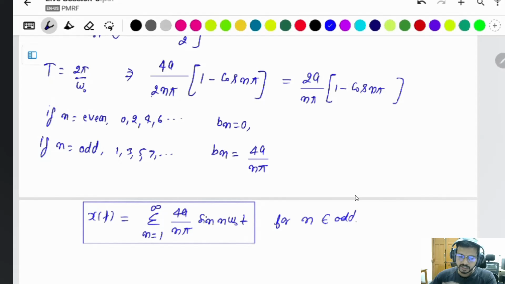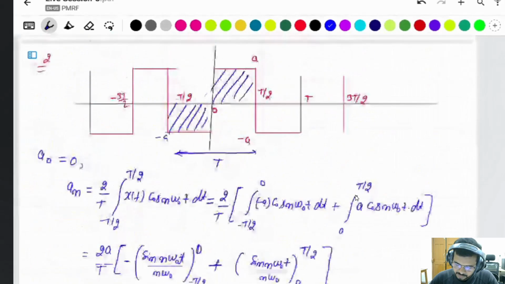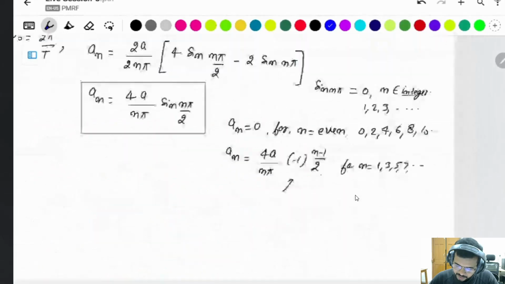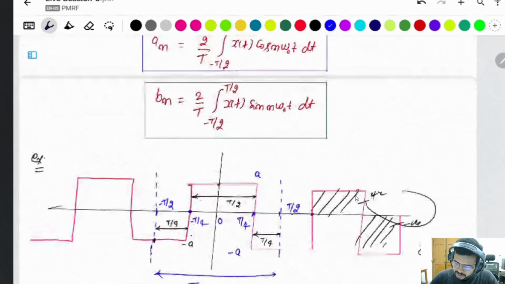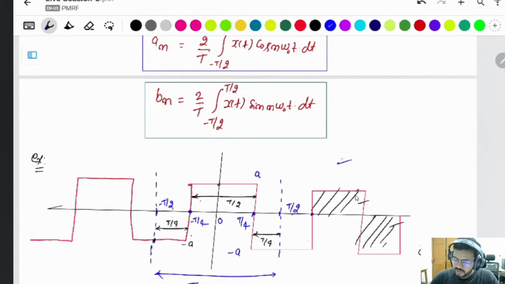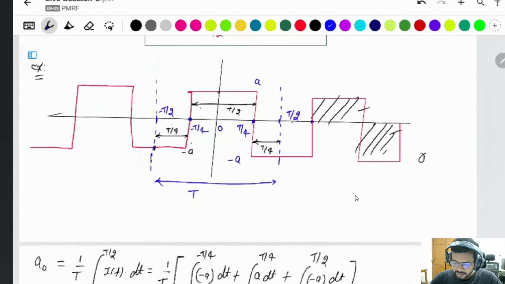By these two signals, this signal and this signal, you can observe one is the odd signal and one is the even signal. Then what happens in the even signal and what happens in the odd signal, you can observe from these two signals. This is the even signal. Why is this even?